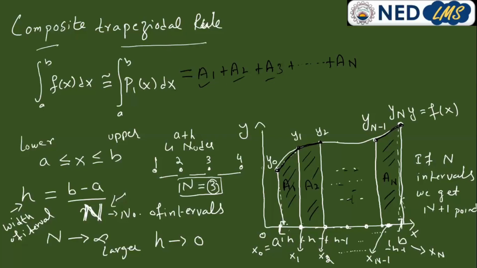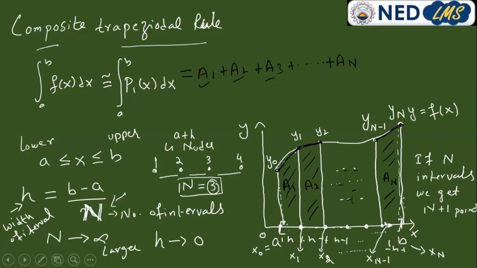If we focus on this interval, all of the parallel lines are separated by the amount h, and the parallel sides have lengths y0 and y1, separated by a distance h. Similarly, for interval 2, the parallel sides have lengths y1 and y2, separated by a distance h.